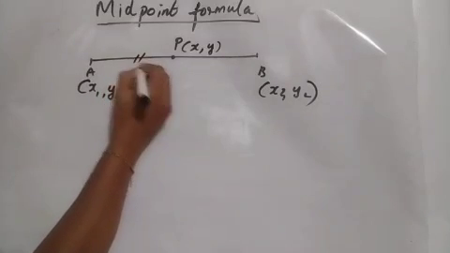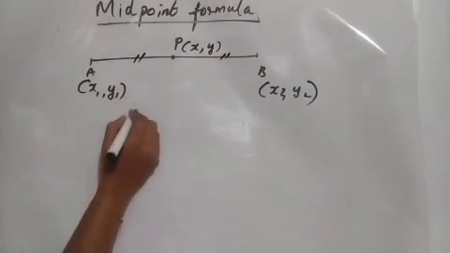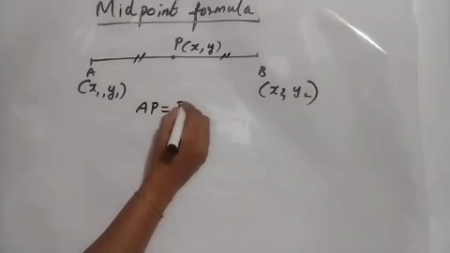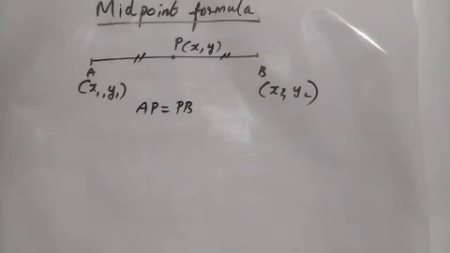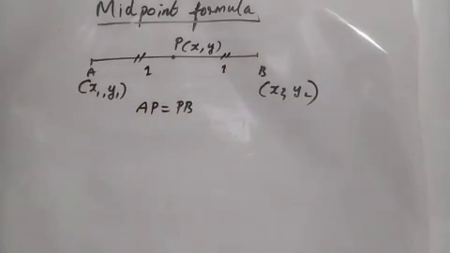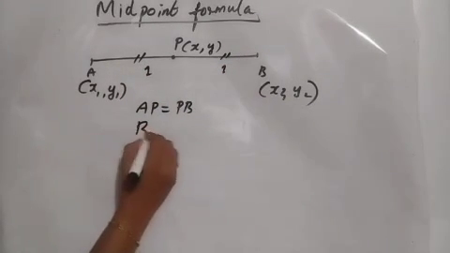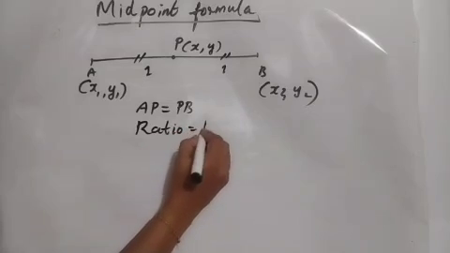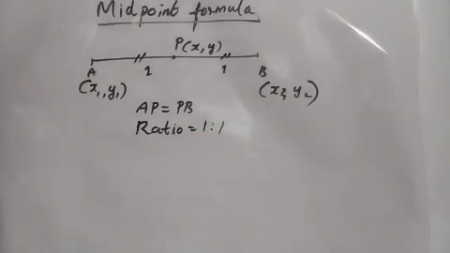If it is a midpoint, that means AP is equal to PB, no? AP is equal to PB. Since P is the midpoint, we can take the ratio as 1:1. So we can apply this ratio in the section formula.